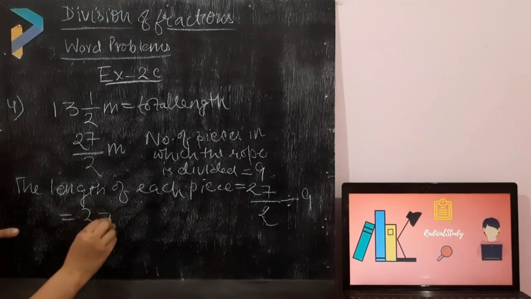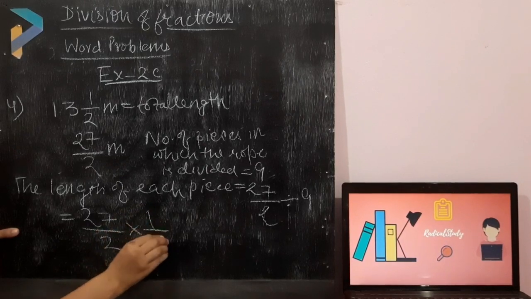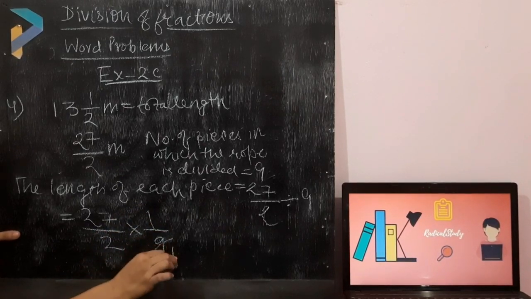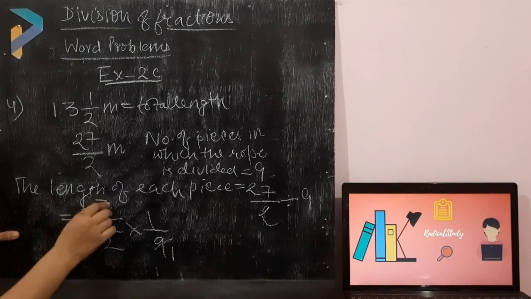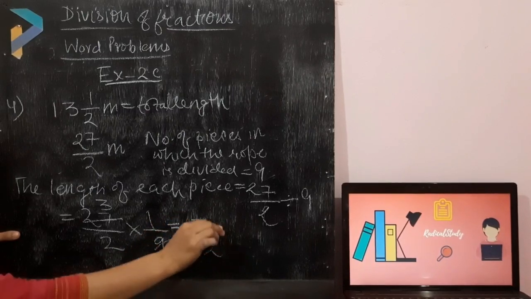So it will be 27 upon 2 multiplied by 1 upon 9. Now 9 ones are 9, 9 threes are 27. Now 3 upon 2. So the answer is 3 upon 2 meter.